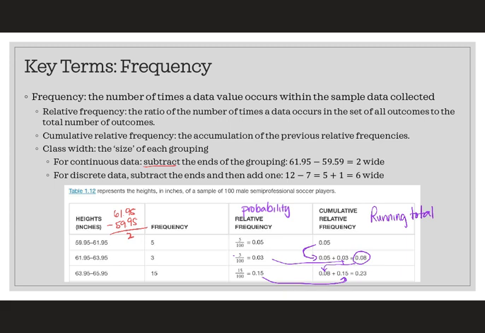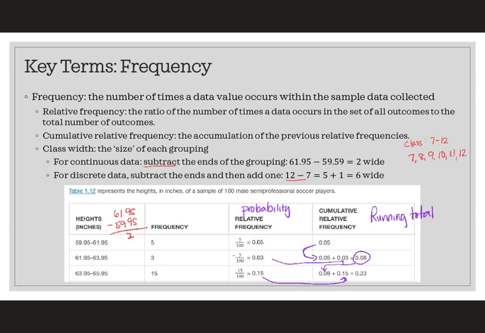If it is discrete data, subtract the ends and then add one more. So for the example, 12 and 7. I have a class that goes from 7 to 12, and that means that class includes the numbers 7, 8, 9, 10, 11, and 12.